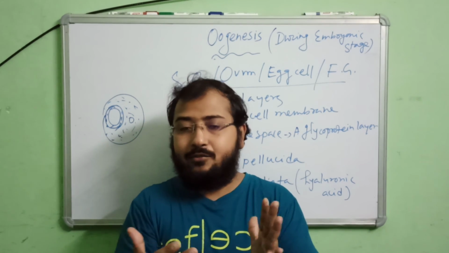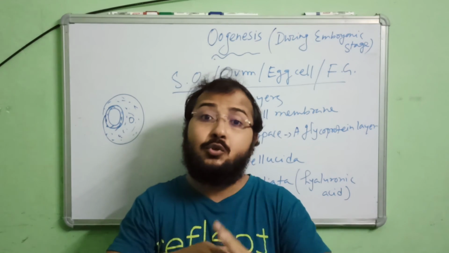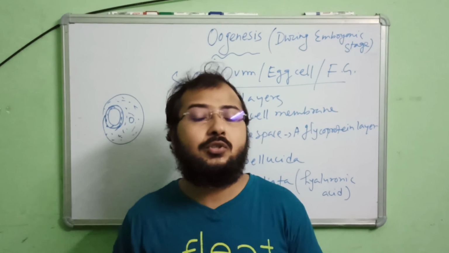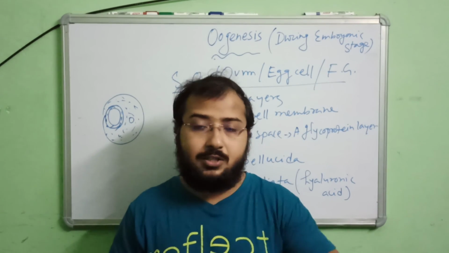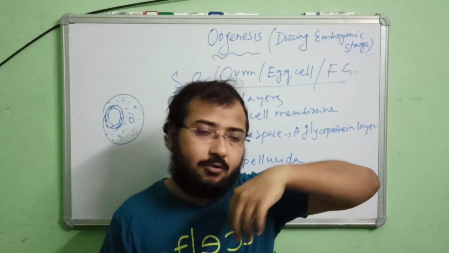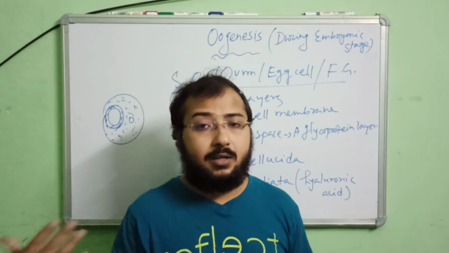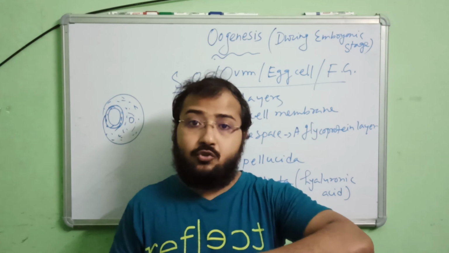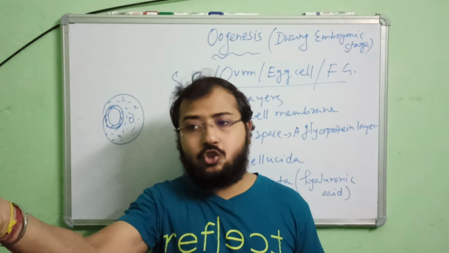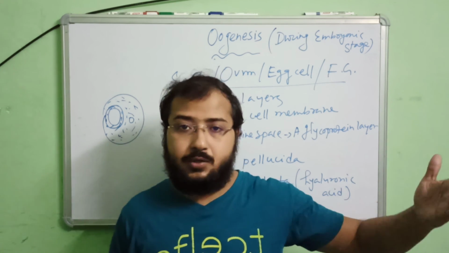So if the egg is fertilized by the sperm, then only meiosis 2 will be completed. Otherwise, in an unfertilized egg, meiosis 2 is never going to complete. It will start at prophase 2 and in that stage only it is released out of the body. If it is fertilized, meiosis 2 will continue and menstruation will not take place. Fertilization of the egg leads to pregnancy, so no more menstruation.